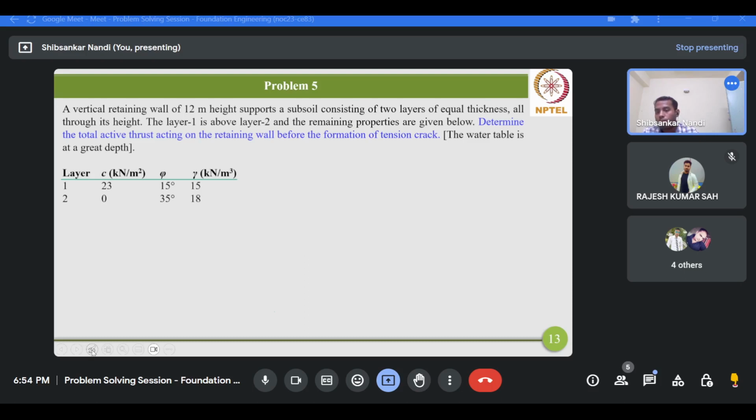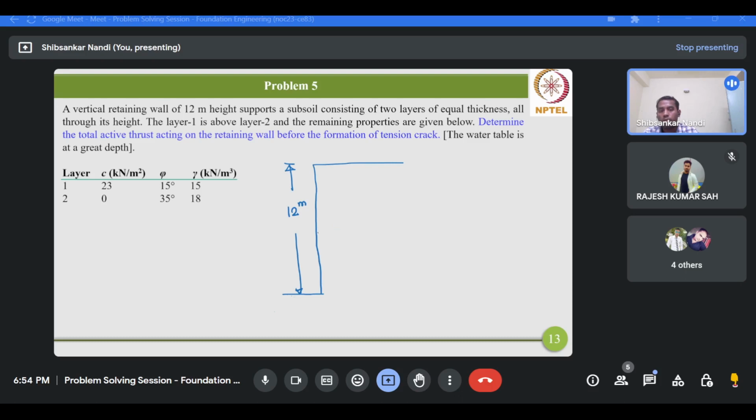Now in this problem, a 12-meter high retaining wall is given. Now this 12-meter high retaining wall supports a subsoil consisting of two layers.